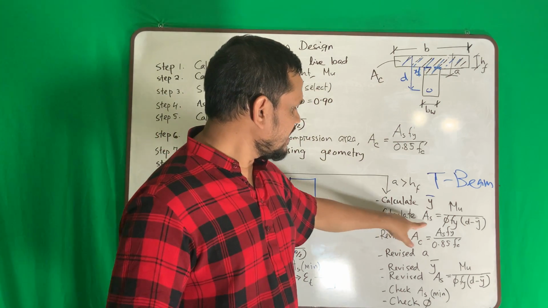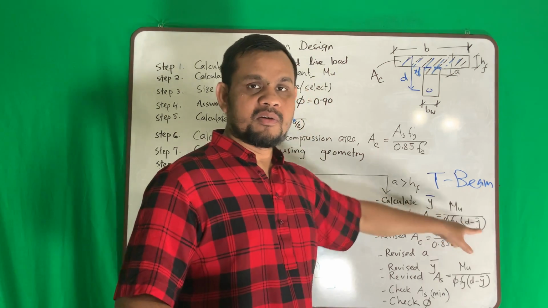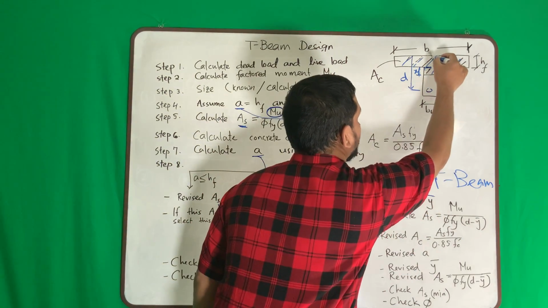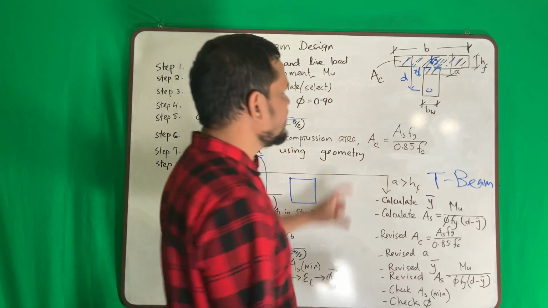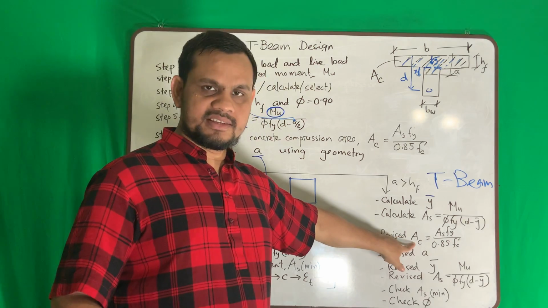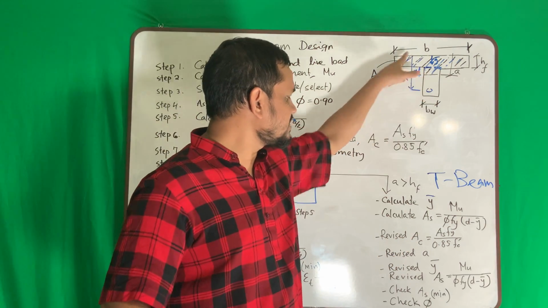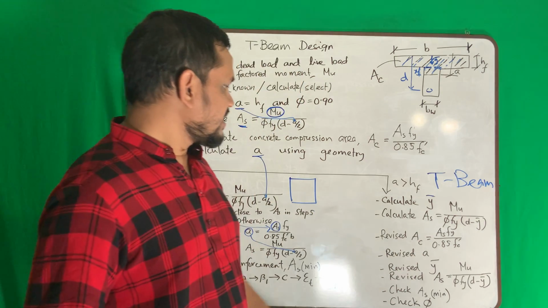Then calculate A's = Mu / (phi fy (d - y bar)). Why y bar? Because you are no longer using the a/2. You have to find the centroid, deduct that centroid. Then find your revised Ac. That is, revise this area. Now why are you revising?